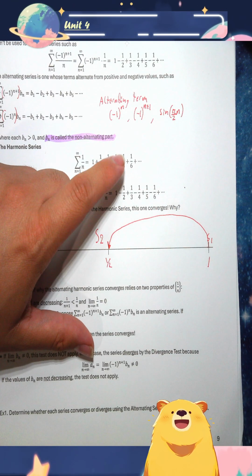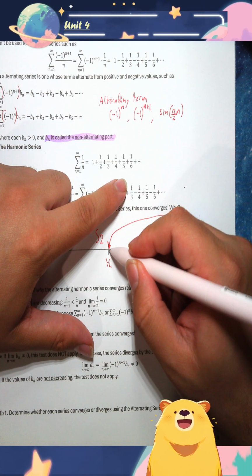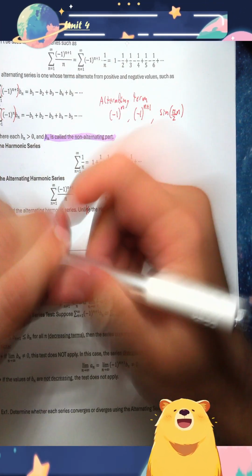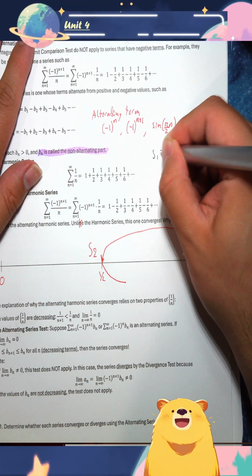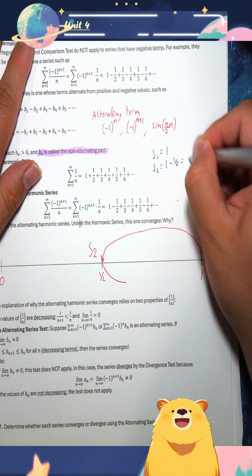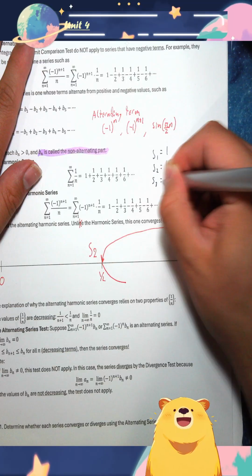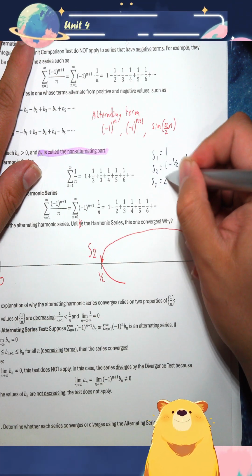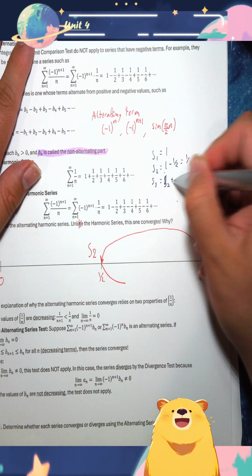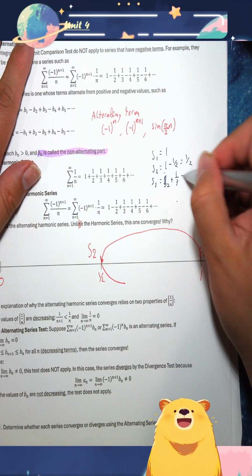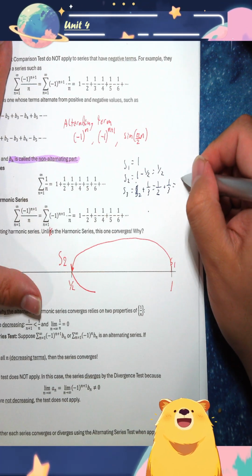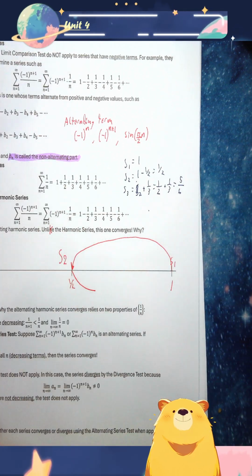So if I'm adding 1/3 to 1/2, that's going to be over here. Let me get the actual number for that real quick. So S1 is 1, S2 is 1 minus 1/2, which is 1/2. S3 is, I'm going to write as this S2 plus the third term, which is 1/3. So 1/2 plus 1/3. That's going to be 5/6.